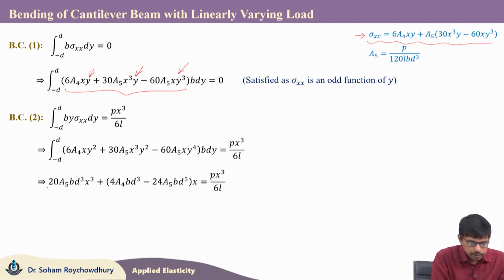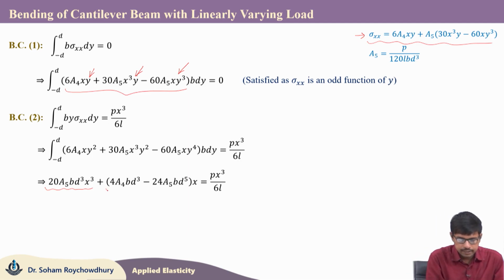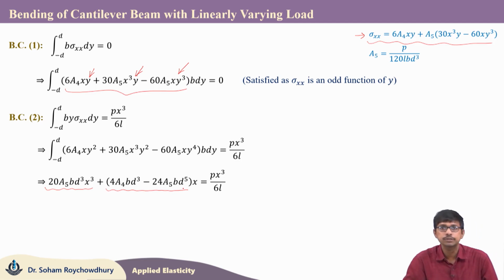The first term contains x cube with some constant, 20 a5 bd cube times x cube, and the second term contains x, which has a coefficient 4 a4 bd cube minus 24 a5 bd to the power 5.